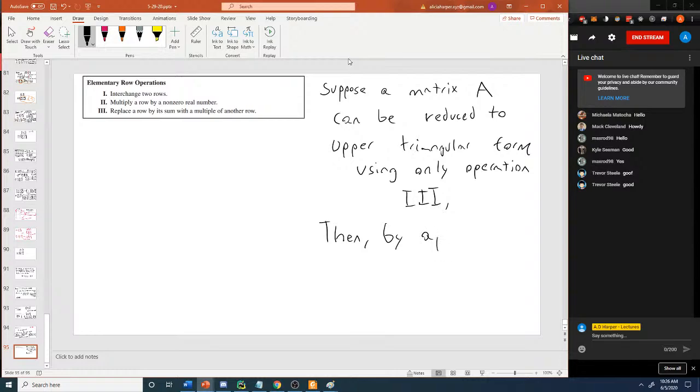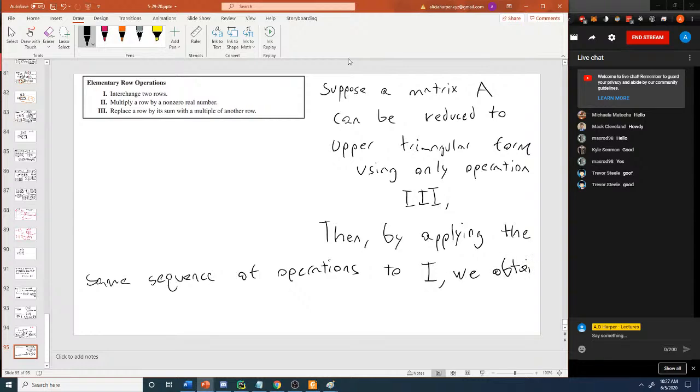by applying the same sequence of operations to I, where I is the identity matrix, we obtain a matrix L that is lower triangular.